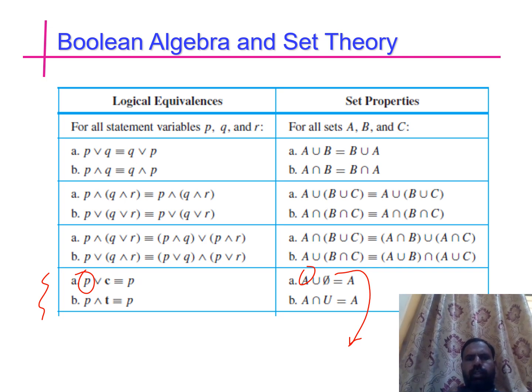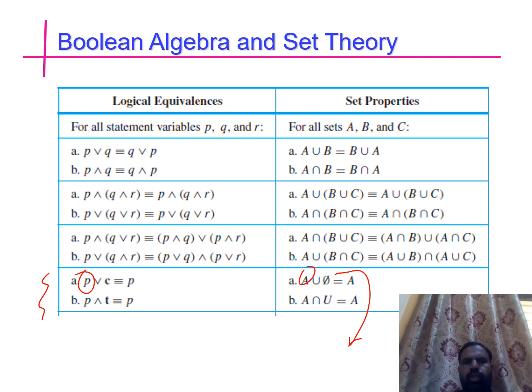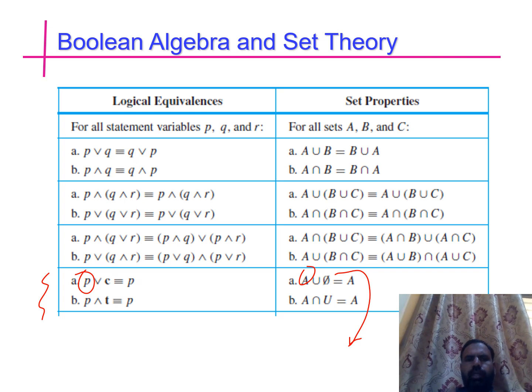If we discuss the associative property, P or (Q or R) is equivalent to (P or Q) or R. So for sets, A union (B union C) is equivalent to (A union B) union C, and similarly for intersection. The distributive law: P and (Q or R) is equivalent to (P and Q) or (P and R).